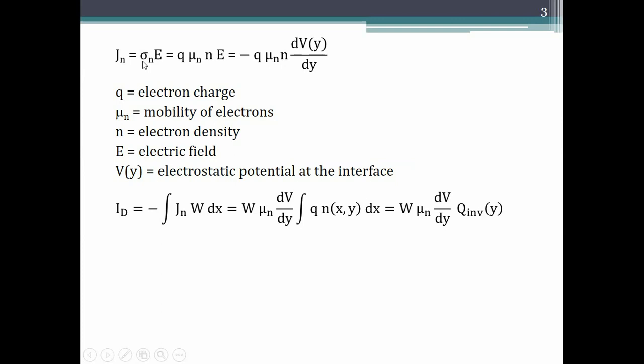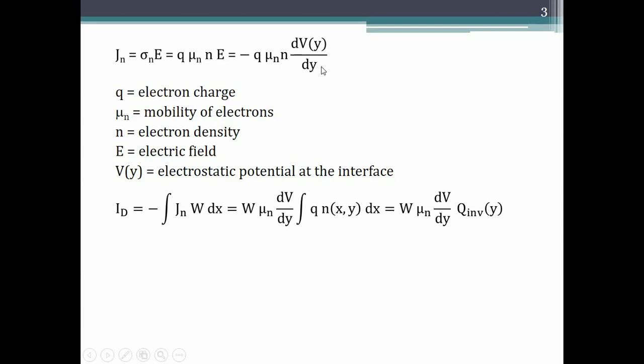And in a semiconductor, the conductivity can be written as q mu n, where q is the electron charge, mu is the mobility, and n is the electron density per unit volume. So q mu n, E is the electric field. E can be written as minus dV/dy, where V is the electrostatic potential. So I assume you are all familiar with this equation, and this is the starting point.